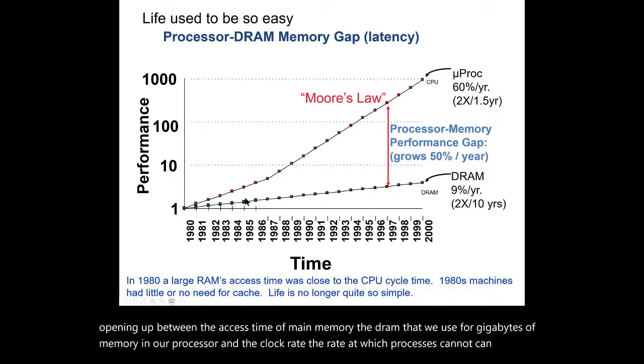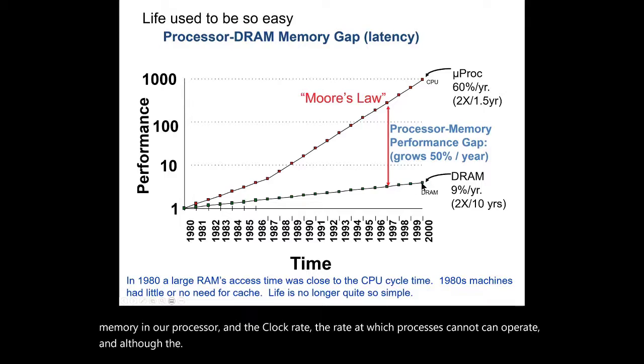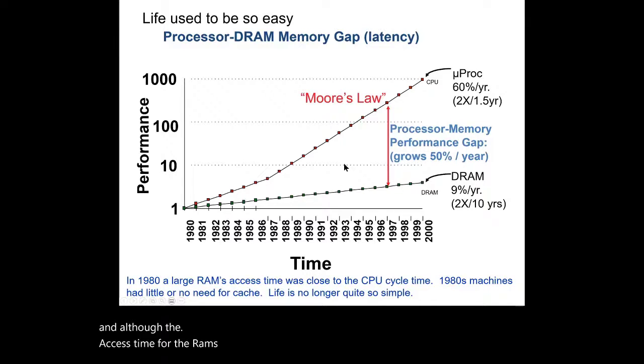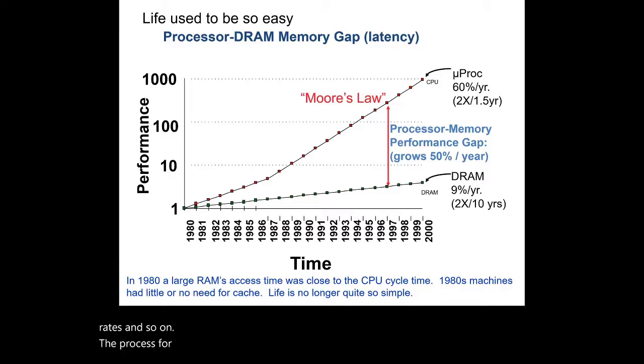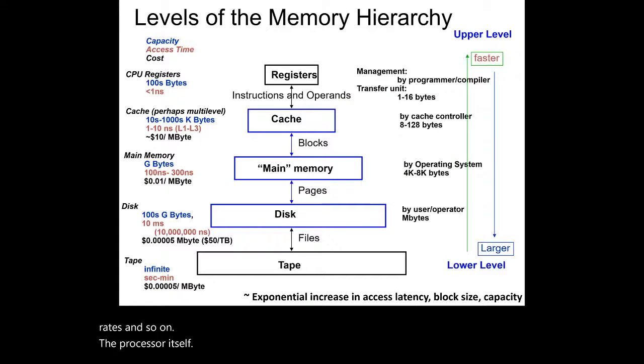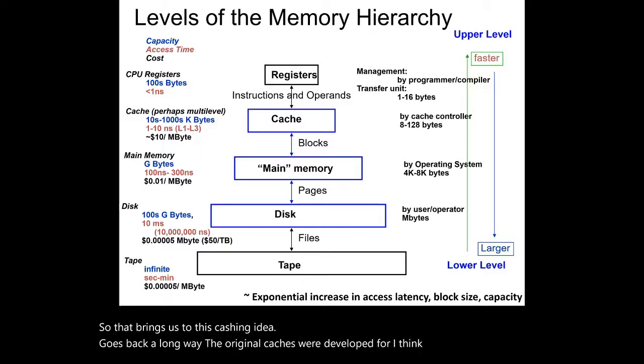And although the access time for DRAMs has improved during this time, it has not kept up at all with the performance potential offered through Moore's law and increased clock rates in the processor itself. So that brings us to this caching idea. It goes back a long way. The original caches were developed, I think, for the Atlas machine in the 60s.